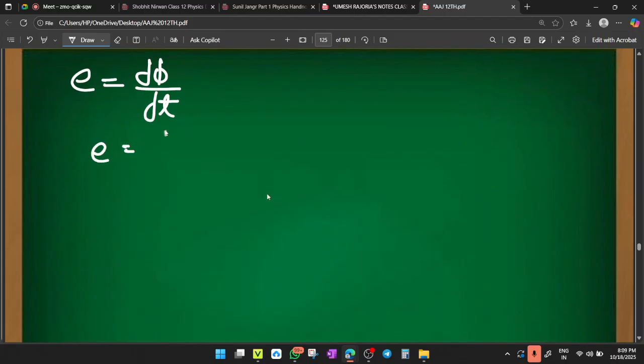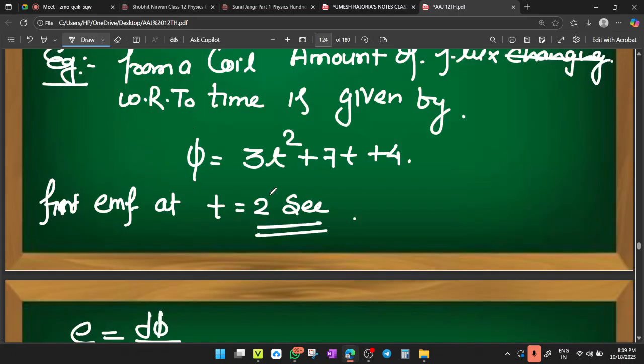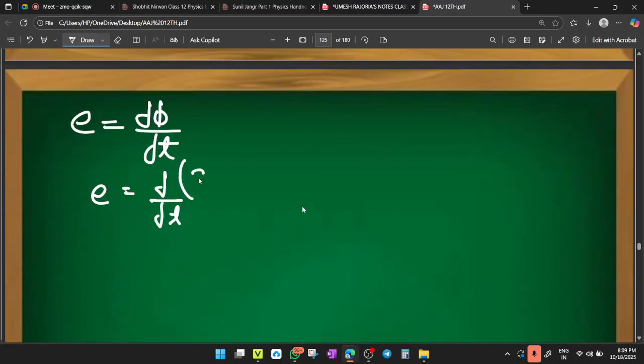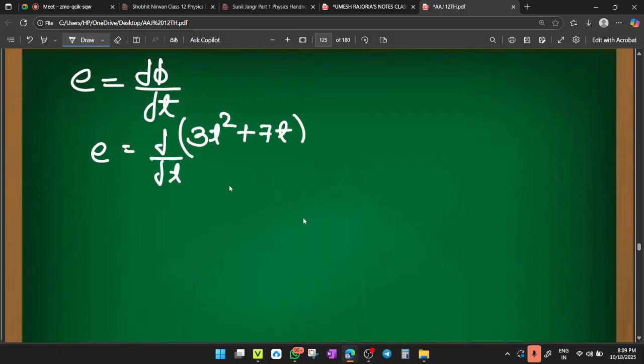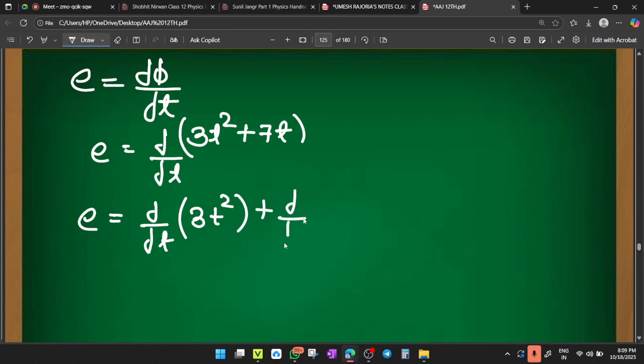So E is equal to d by dt of the flux. Now what is the changing flux? Changing flux is given as 3t square plus 7t plus 4. Clear? Now perform the numerical calculations: d by dt for 3t square and d by dt for 7t.